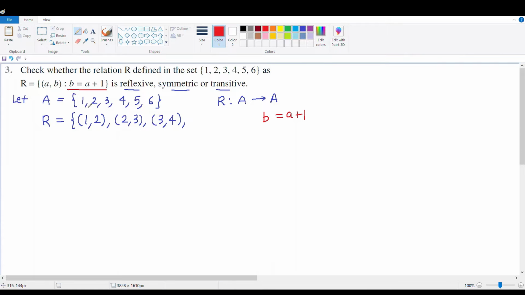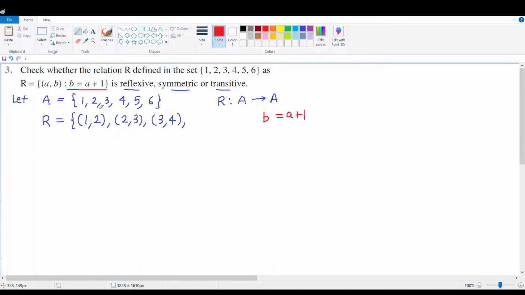If you take that first number as your a, because a and b both belong to this set only, your relation is from this set to this set only. So if you take this number 1, then your b is going to be 1 plus 1, 2. Now if you take a equals 2, then 2 plus 1, you get 3.